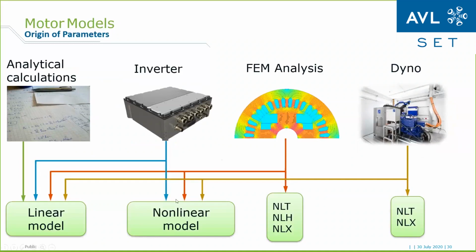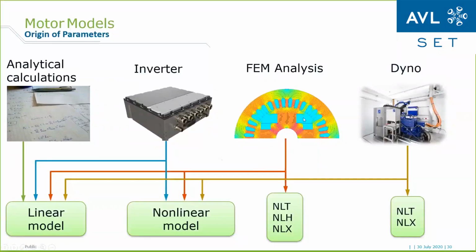So how can we get the data? For a linear model, we can start with analytical calculation. If you have an inverter already designed, which is known to be used with the intended motor, we can also derive the model data for the linear model and non-linear model from it. And with tools like ANSYS, one can do a finite element analysis and extrapolate data for nonlinear temperature, nonlinear harmonics, and the nonlinear user-dependent dimension.